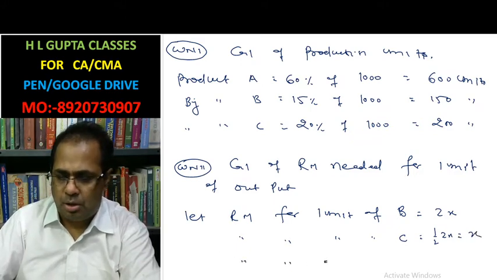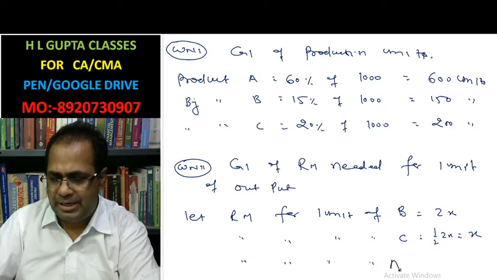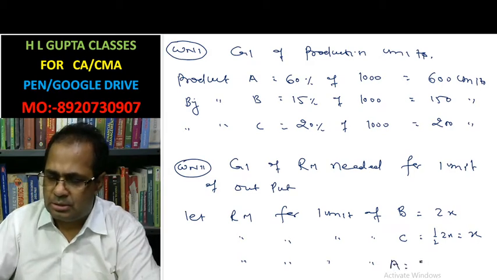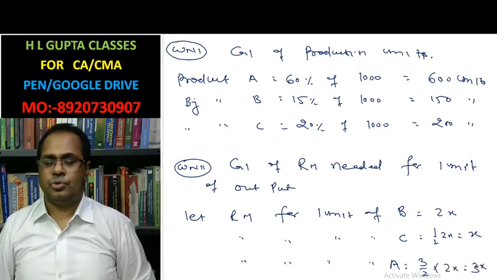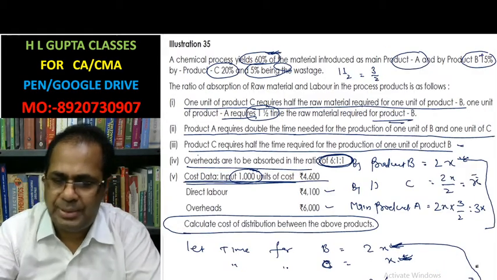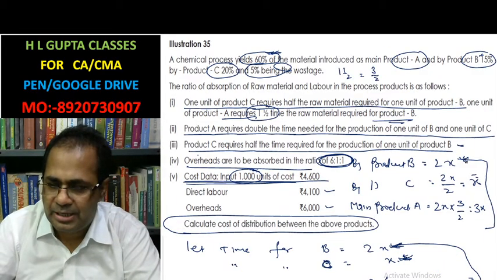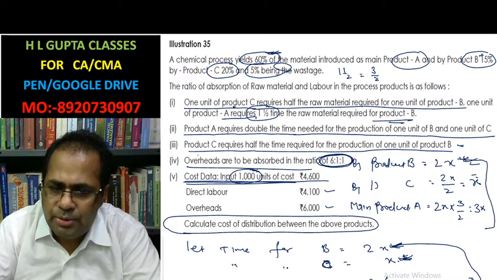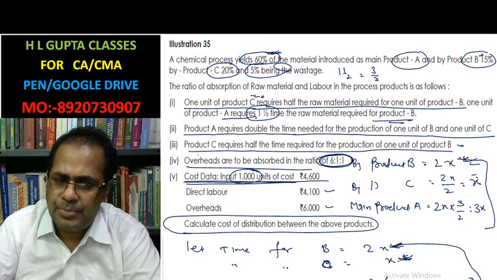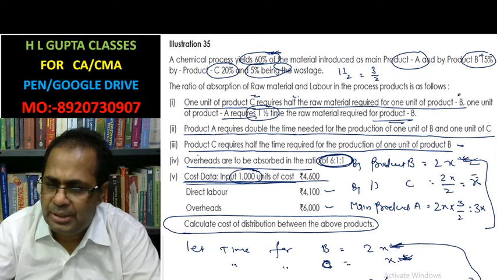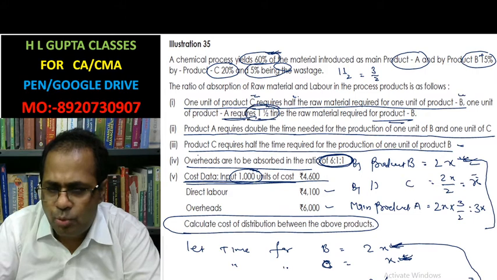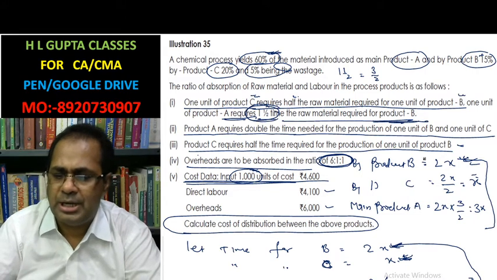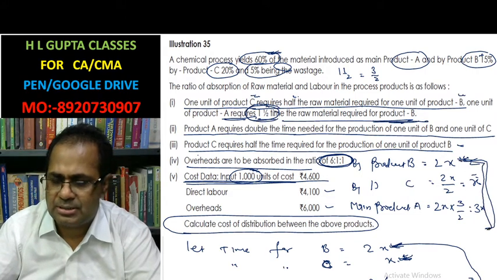Raw material of 1 unit of A is 3 by 2 of 2x, that equals 3x. Because in this question, 1 unit of C requires half of the raw material of B, and A requires one and a half units of raw material of B, which I have written here.